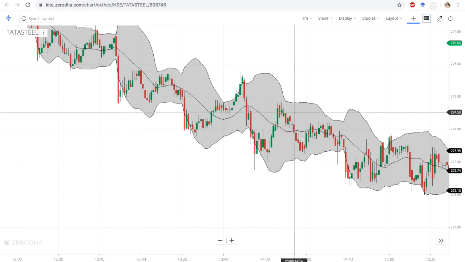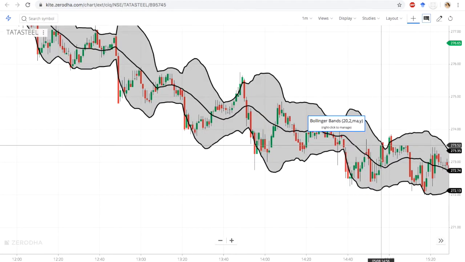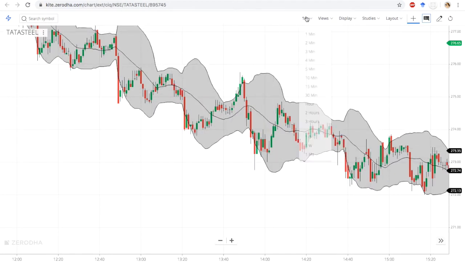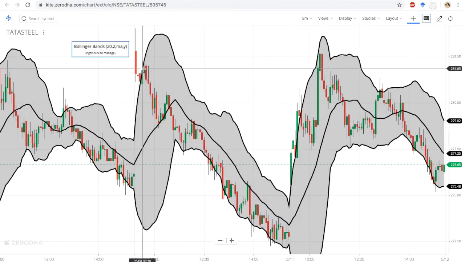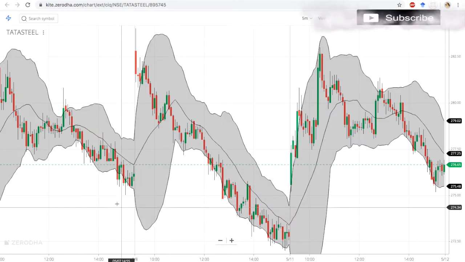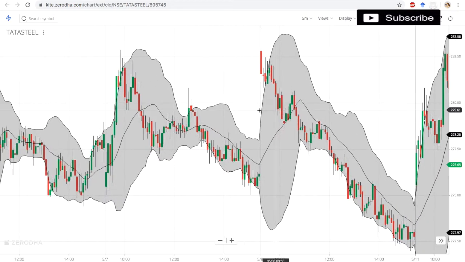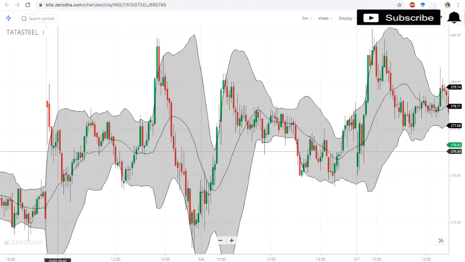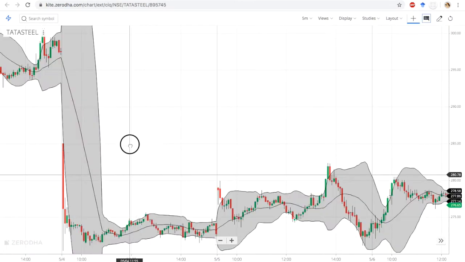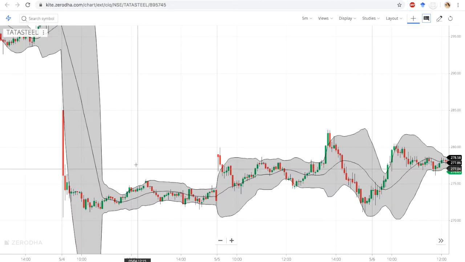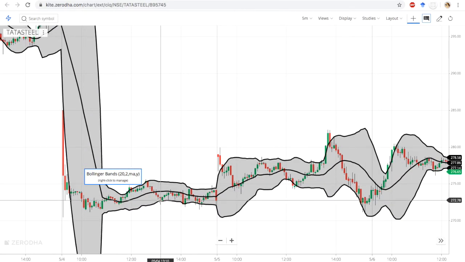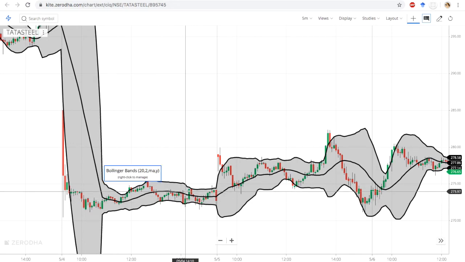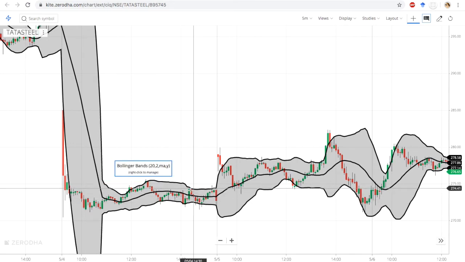In the same way, the price consolidates between the upper and lower bands, and you can see this on any time frame. Here also, the upper Bollinger Band came down, taking resistance at this point, came down to the lower Bollinger Band, taking support at this point, went up to the upper Bollinger Band, taking resistance at this point and came down to this point.